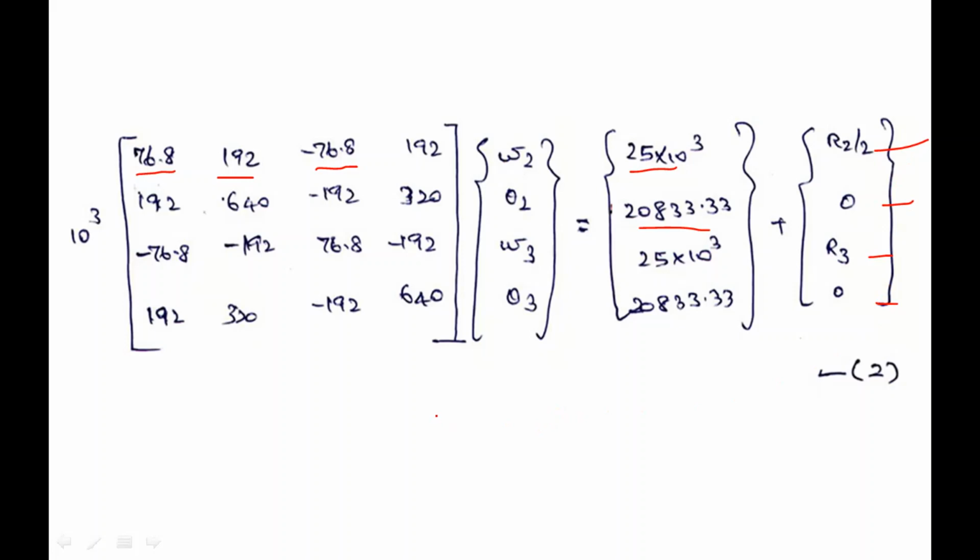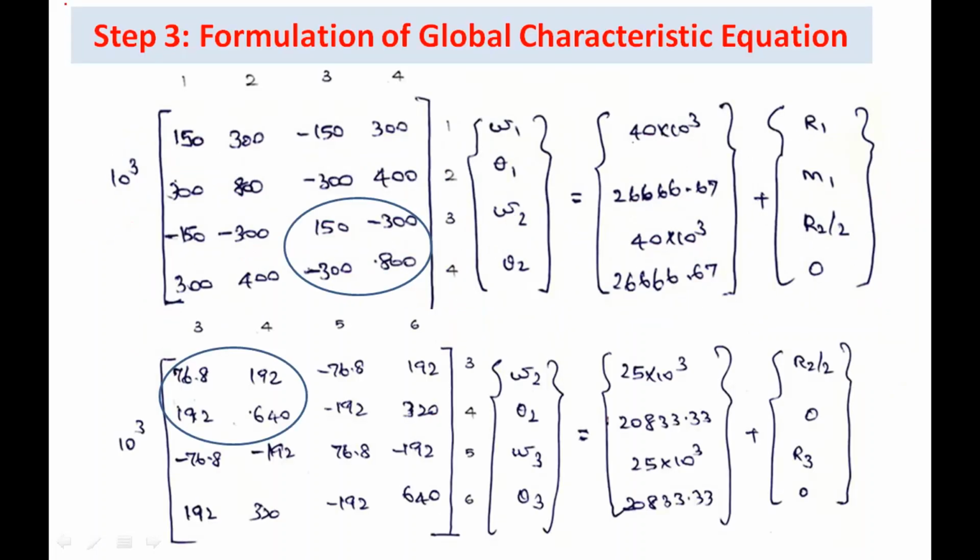After knowing the element characteristic equations for these two elements, we have to form the global characteristic equation. To form the global characteristic equation, we are using this numbering system. 1, 2, 3, 4, these are the numbers used for each degree of freedom. Here 1 and 2 for node 1, 3 and 4 for node 2.